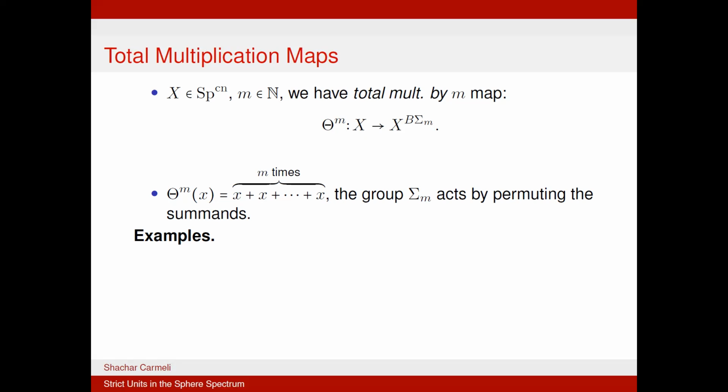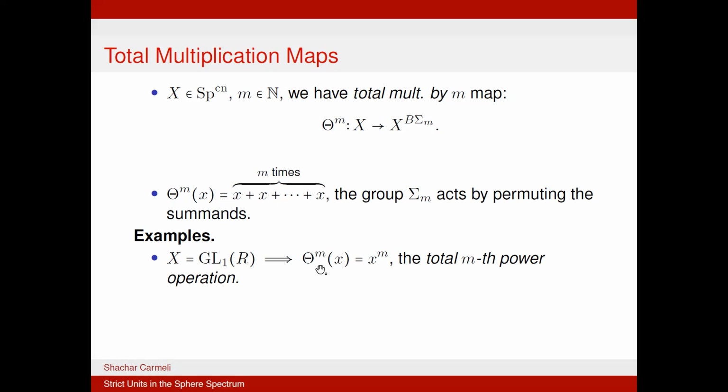So there is a transfer map in spectra. And here are various examples. If X is GL1 of R, then this total multiplication by m map is given by restricting the total mth power operation of R to the multiplicative group, which is now a group homomorphism, or rather a connective spectrum homomorphism.